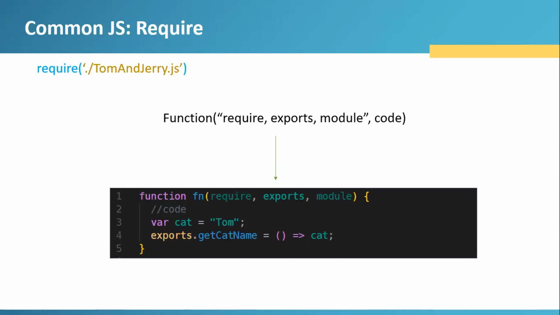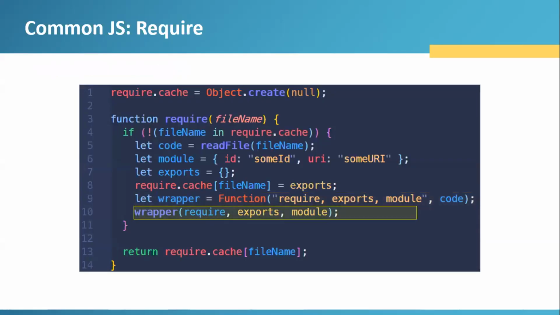Now after creating this function, we assign this function to wrapper, and in line number 10 we'll call this wrapper function, which is equivalent to performing the run stage of the pipeline that we discussed earlier. Now what exactly are we doing in wrapper?